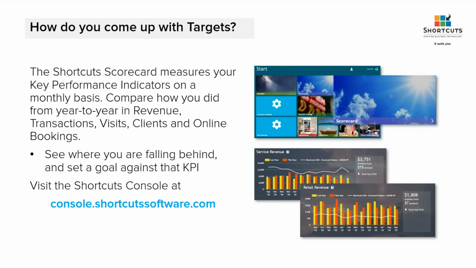And if you go into the scorecard and if you click on any particular one of those tiles, revenue, transactions, visits, then Shortcuts will give you a further breakdown on that particular information. So you'll actually see how did you do month to month and how did your business compare year over year in a particular category. And then there's a third layer that's sort of placed over that. So how has your business been performing and how has it been performing compared to industry averages?